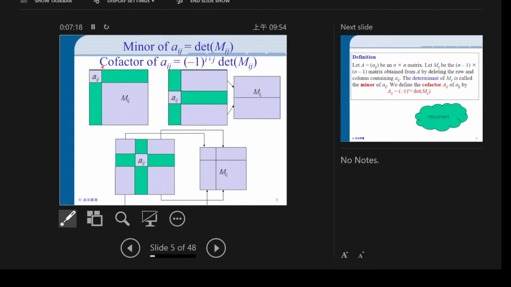So for example, if A is A1J, on the first column here, we look at each element, and we just cross out everything that has the same row and column as A, and the remaining part is this Mij submatrix.